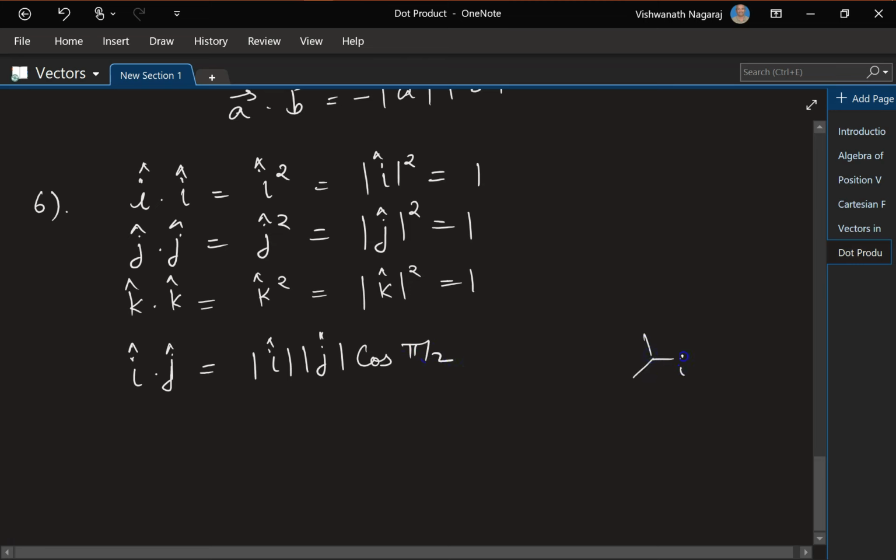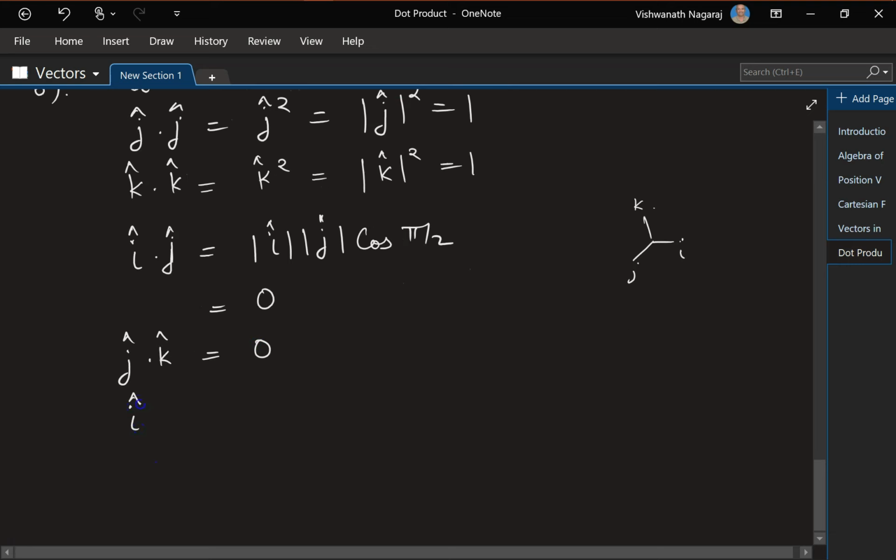Remember, this is I, this is J, this is K, unit vectors along the 3 axes. Now cos pi by 2 is 0. So I cap dot J cap is 0. Similarly, J cap dot K cap equal to 0. And similarly, I cap dot K cap equal to 0.